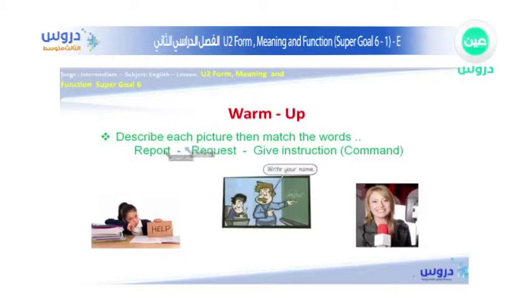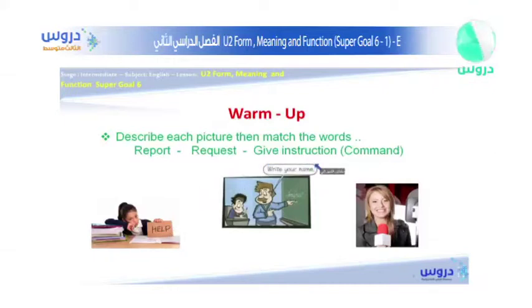Excellent. This one is reporting. Beautiful. Requests. Which one is requesting? Number one or number two? Let's say this is number one. Let's say this is number two. What do you think? Which one of them is requesting? Excellent. This one. Can you see it? Help. She wants something. She's requesting something.